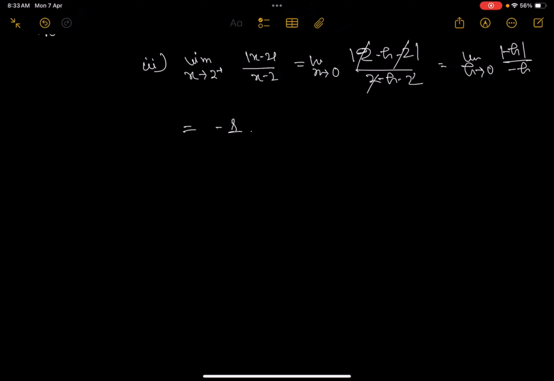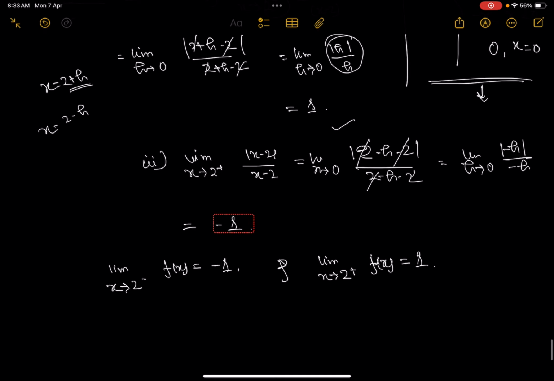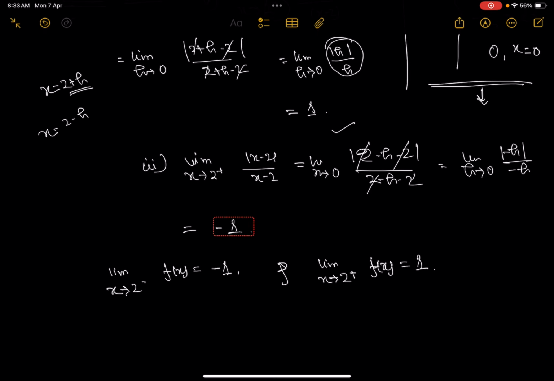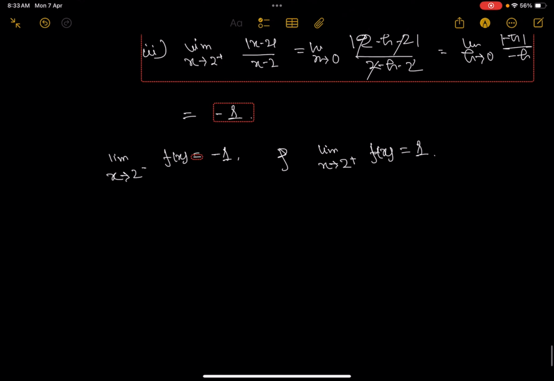Hence, limit x tends to 2 minus f of x has the function value minus 1. Also, limit x tends to 2 plus f of x has the function value 1. This is the left hand limit, 2 minus, and this is the right hand limit, 2 plus, with value 1.